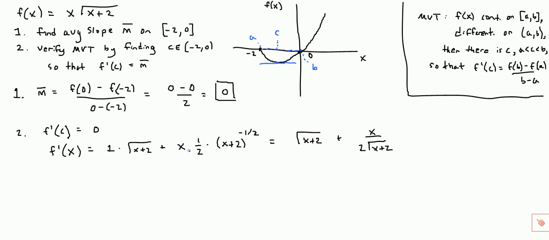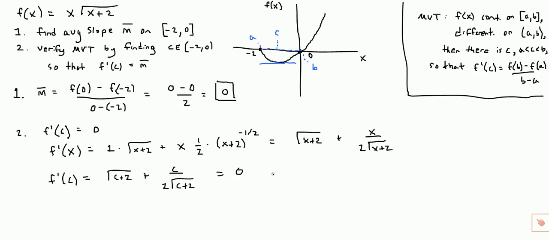So this is f prime of x, and we want f prime of c equals 0. So let's plug in c. So f prime of c is going to be the square root of c plus 2 plus c over 2 times the square root of c plus 2. We want this to equal 0. So now this is an algebra problem. Let's multiply both sides by square root of c plus 2. 0 times anything is 0 again, right?